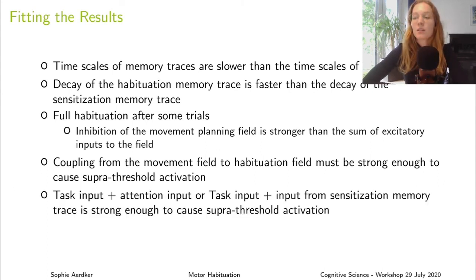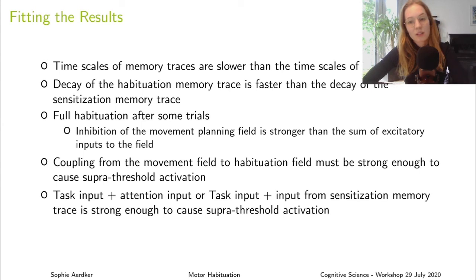Next, the task input in addition to the attention input, or the task input plus the input from the sensitization memory trace, must be strong enough to cause superthreshold activation. So obviously otherwise there would be no movement. But toddlers would not move the lever in a new environment without being encouraged by their parents, which is the attention input.